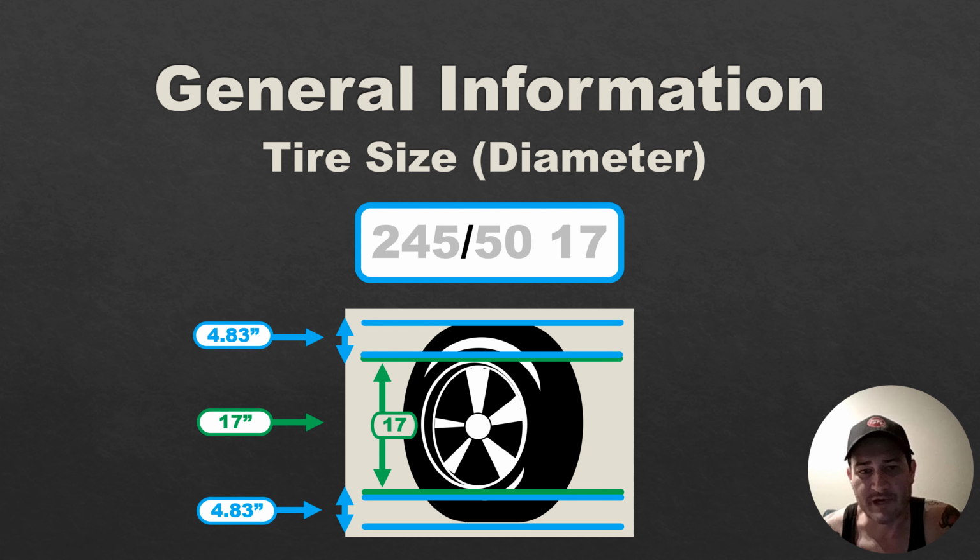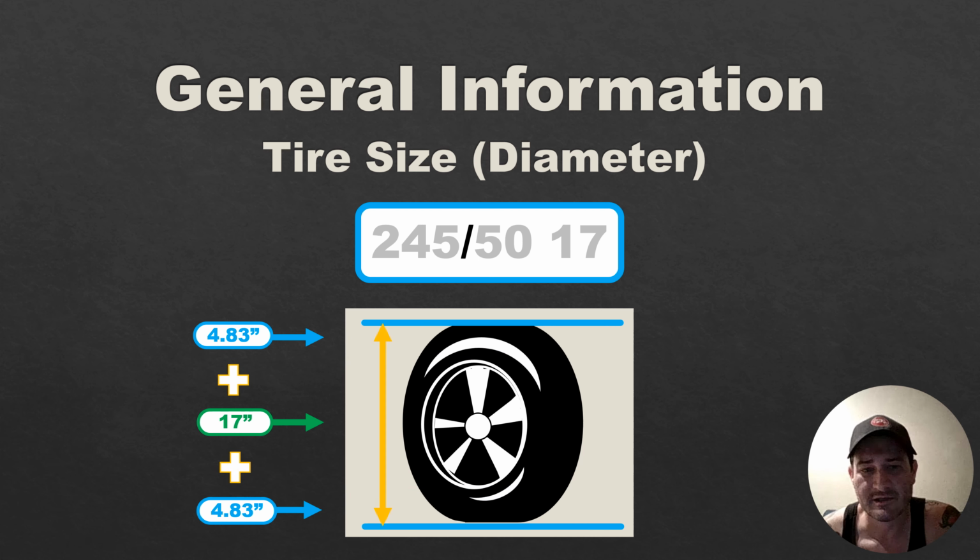So we have that 4.83, we have to multiply that by 2 or just add them together. And additionally, we have to add the 17-inch rim. And we get our tire diameter, which is 26.66 inches.